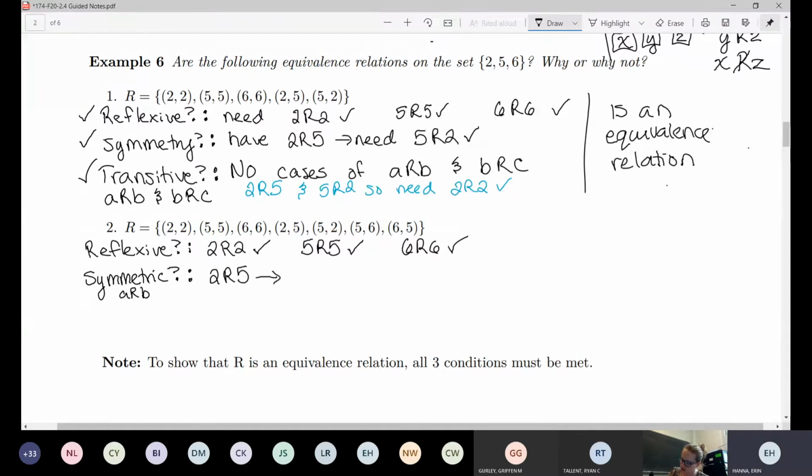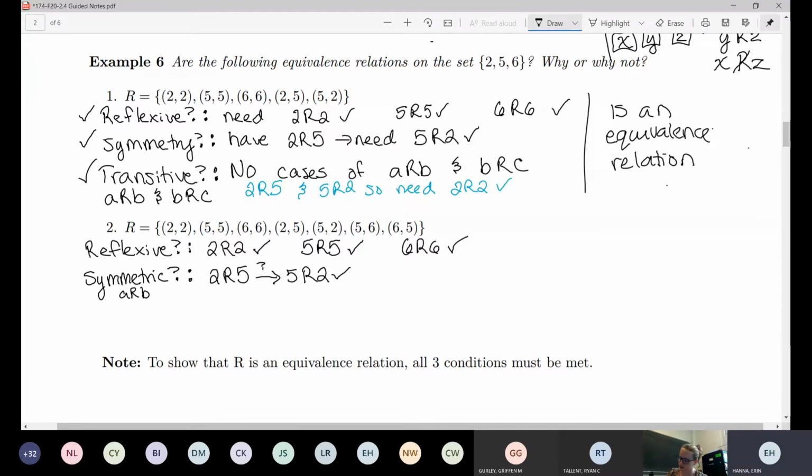This notation is not proper notation, but it gets the point across. So for this to be symmetric, we would need 5 is related to 2. Well, we have that. We have 5, 2 as well. So we're okay in that case.